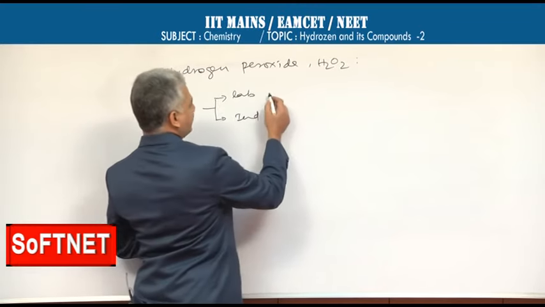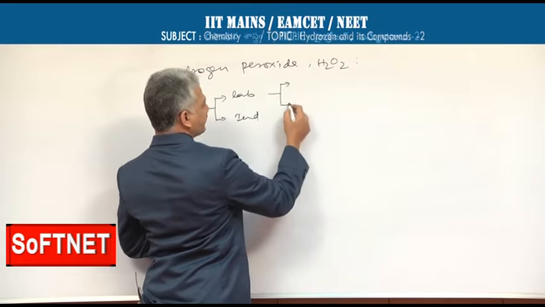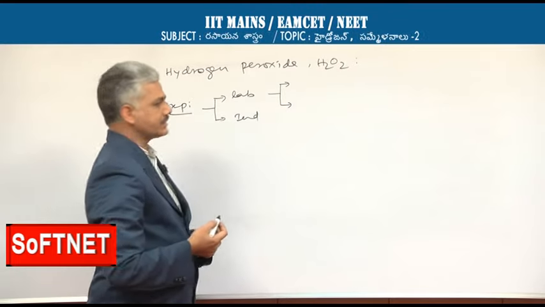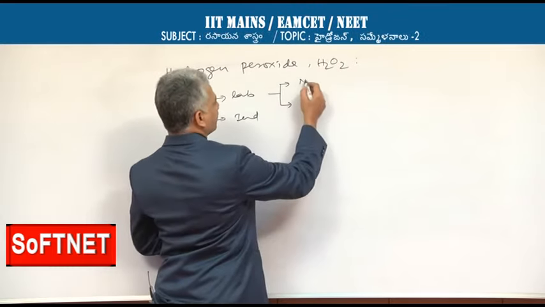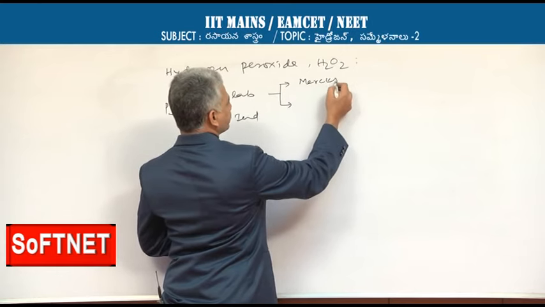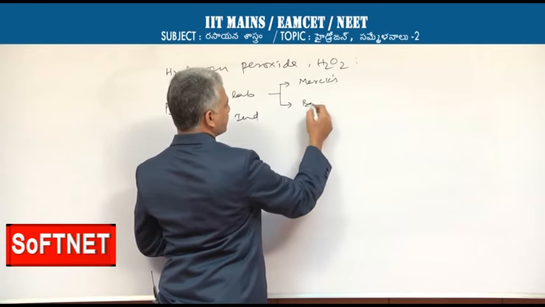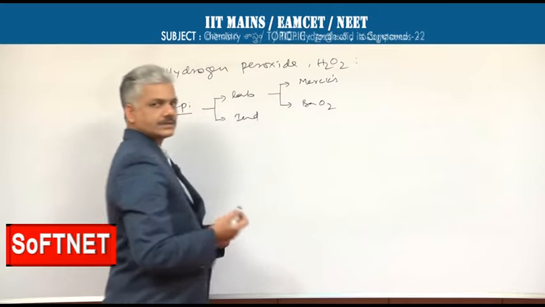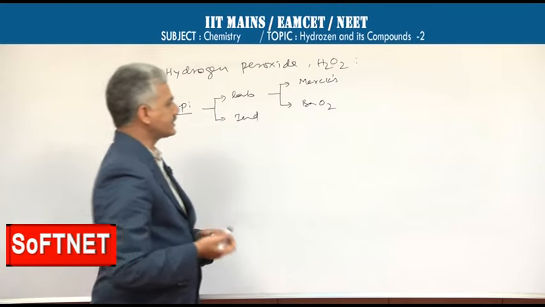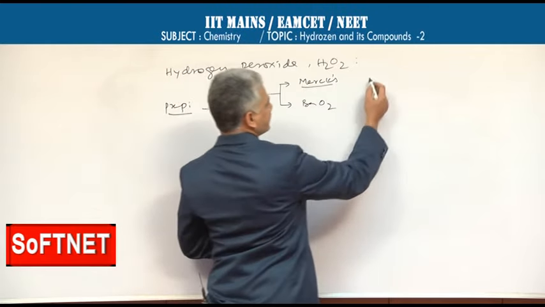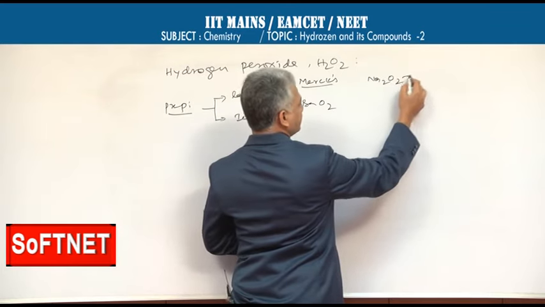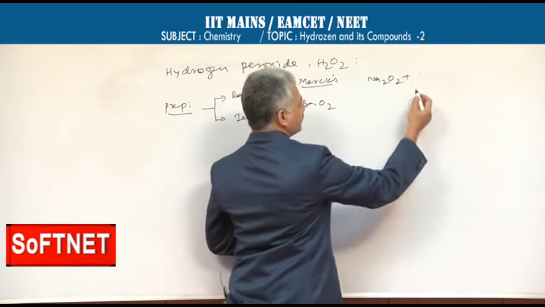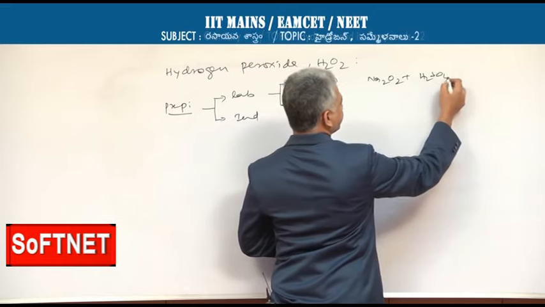In the laboratory, hydrogen peroxide is prepared in small quantities either by Marx process or by the action of mineral acids on barium peroxide. In Marx process, sodium peroxide is treated with dilute mineral acids.